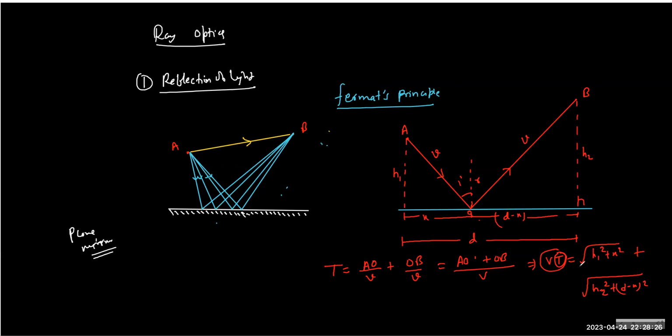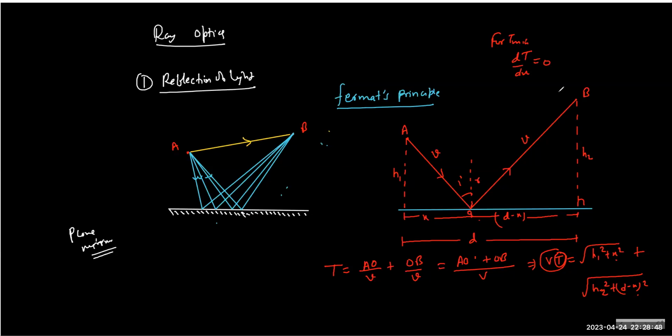So for minimum time, if it is a function of X, you must differentiate and equate to 0. Yes or no? I hope you all know differentiation.